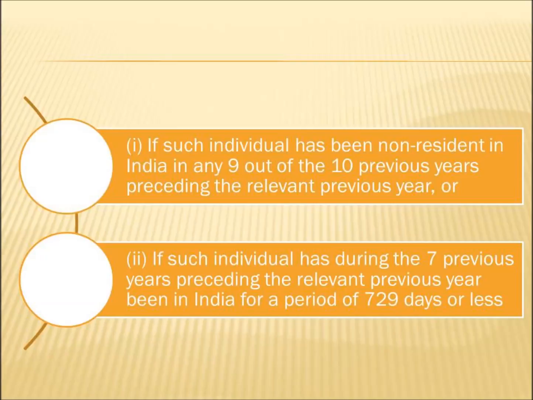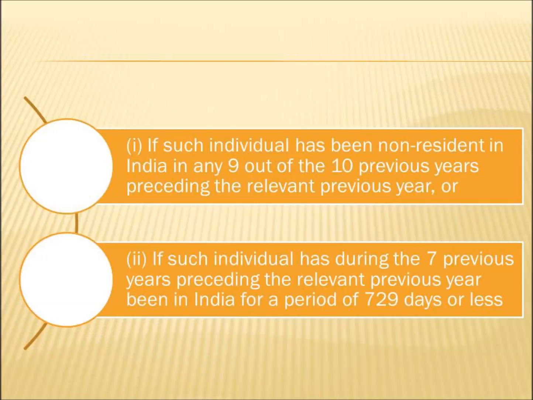If the assessee falls under any of the given 2 conditions, then he will be assessed under the category of resident and not ordinarily resident. So, I being an assessee, if I am falling under any of the given 2 conditions, then I will be categorized as resident and not ordinarily resident, and I'll be assessed accordingly.